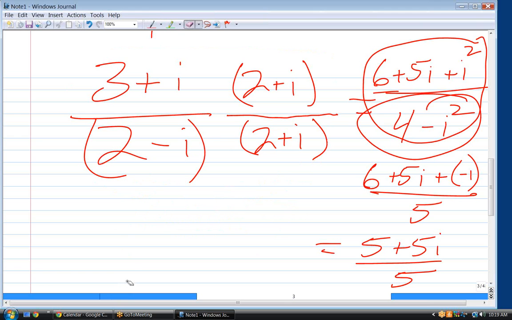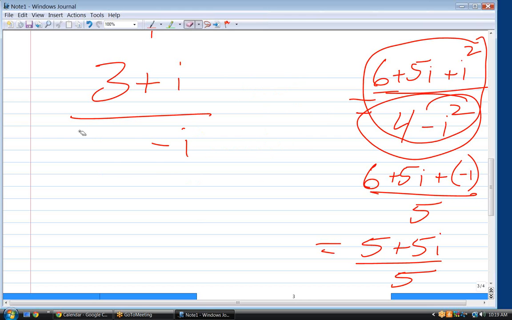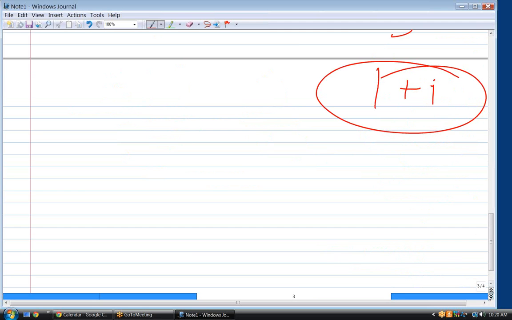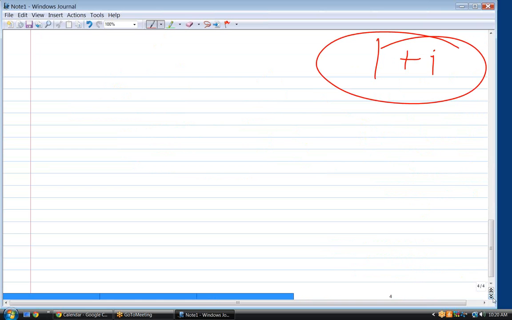Even if you were dividing that whole thing by just a minus i, just multiply by the conjugate, plus i. Notice how that turns into minus i squared, which turns into 1. All right.